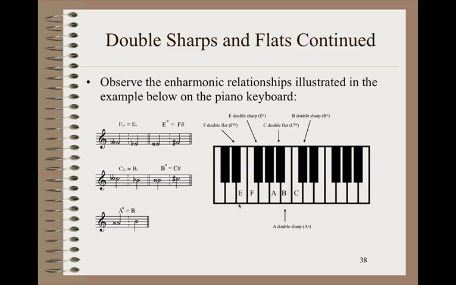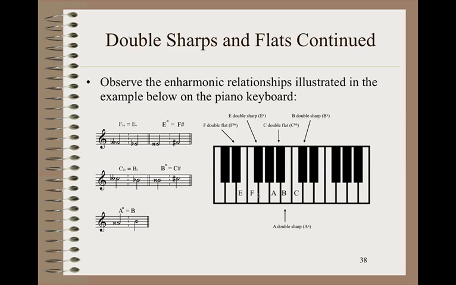Here again we have E and F. What about when there isn't a black key in between? E and F and B and C. Let's take a look at this. If we have an F double flat, here's F. We then go to E, and then we go to E flat, so there's our half steps.